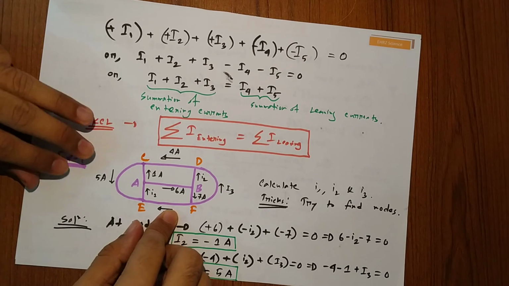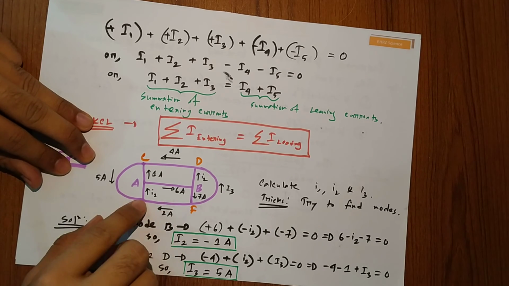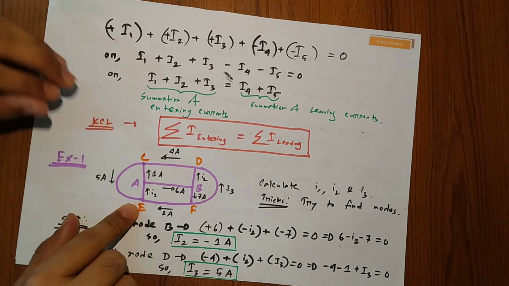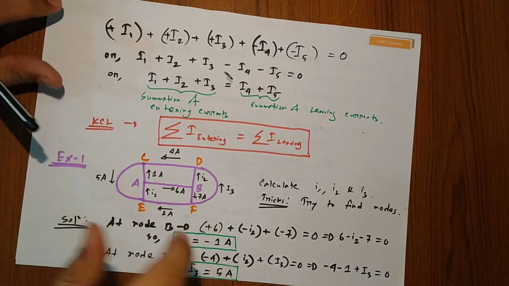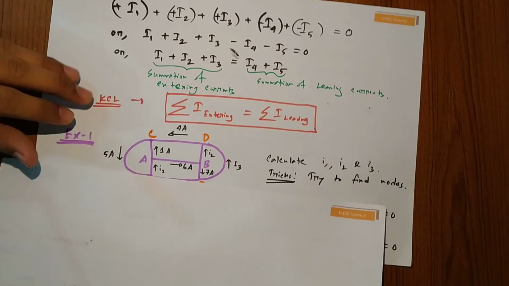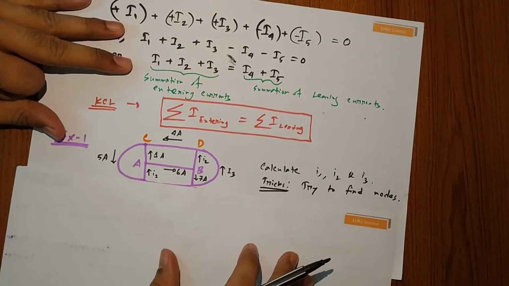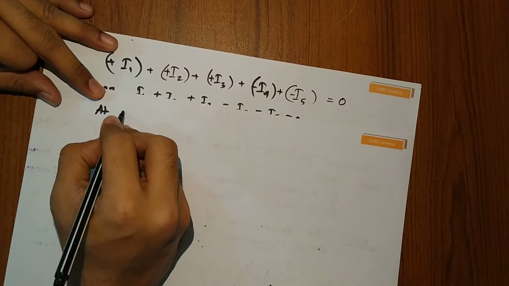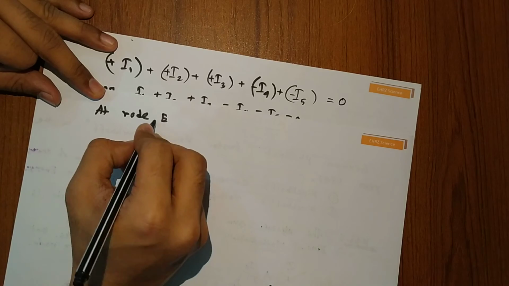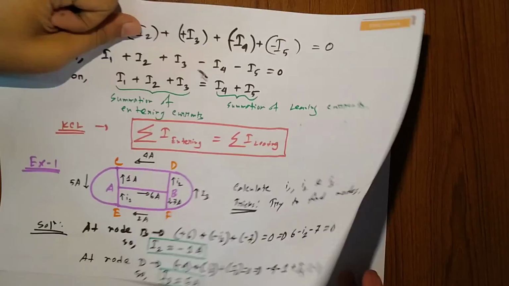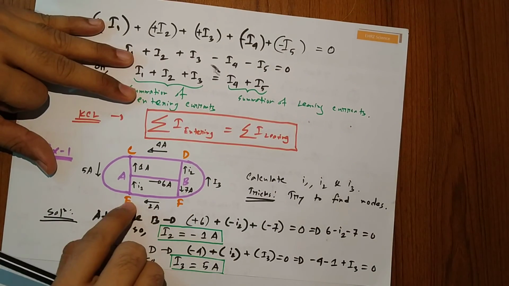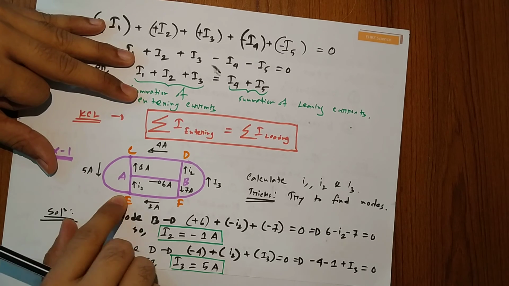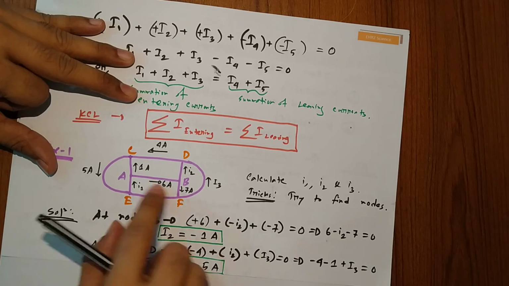Now see, at node E, 2 ampere current is entering the node, 5 ampere current is also entering the node, but I1 current is leaving the node.